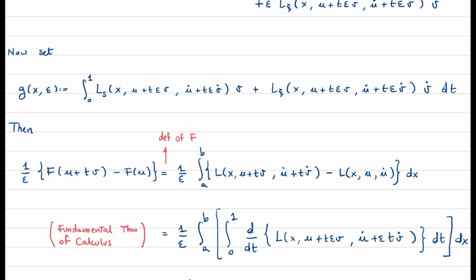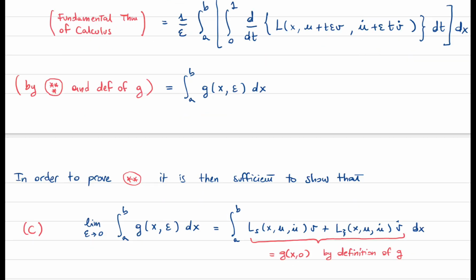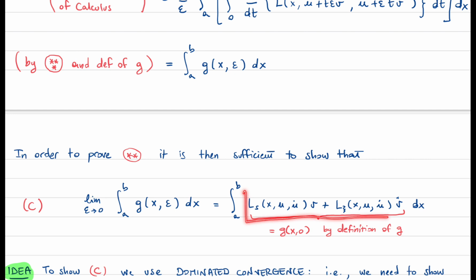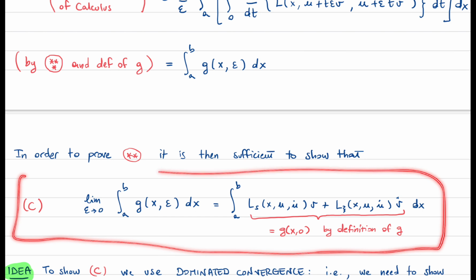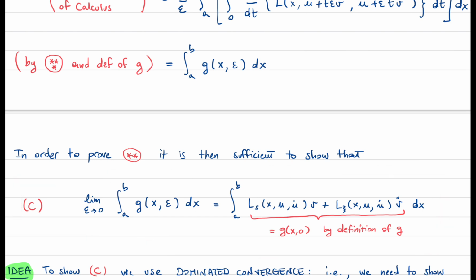So you can just take this constant here. So this is constant with respect to t. You can just take it outside of the integral, and the integral from 0 to 1 of 1 in dt is equal to 1. So g of x, 0 is equal exactly to this guy here. Okay, so this is the claim we need to show for Gateaux differentiability.